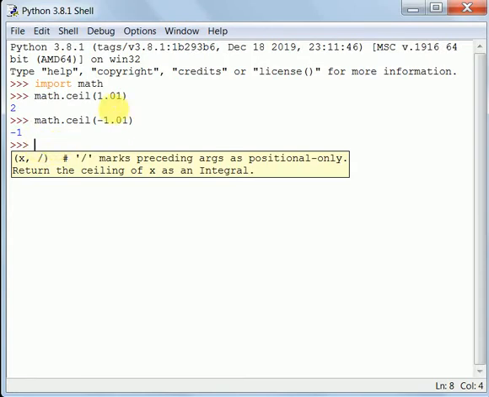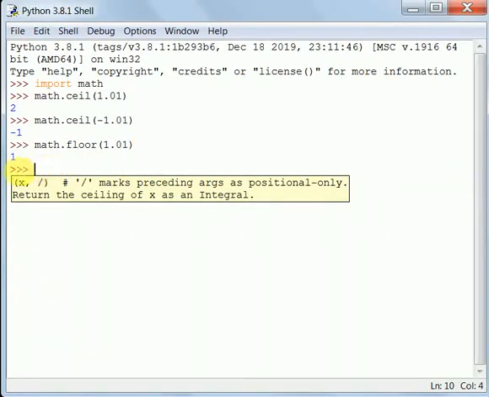In the same way, if you want to decrease this value, you have to write floor. Floor takes it to the decreasing value, the greatest integer less than this.